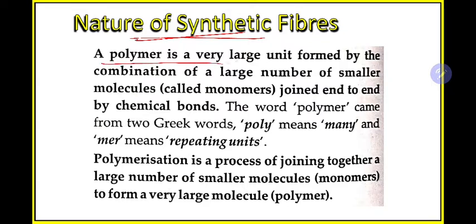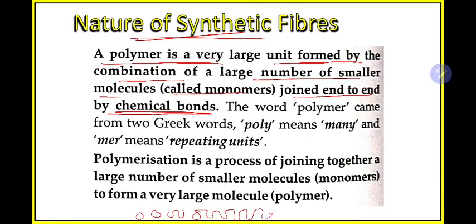A polymer is a very large unit formed by the combination of a large number of smaller molecules called monomers joined end to end by chemical bonds. Now, what is a polymer? We know the basics, so we can relate it. Polymer is a large unit. If you consider this chain of balls, see this example, I am drawing it again here.